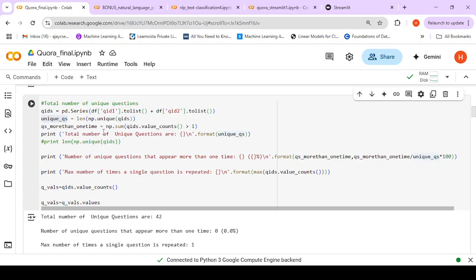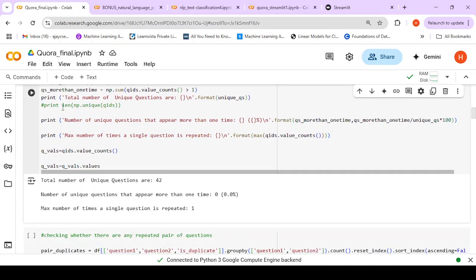Here I print the result, the total number of unique questions that appear more than once and what percentage appear more than once. I also check how many times a question is getting repeated, that is, the maximum number of times that a question is repeated.